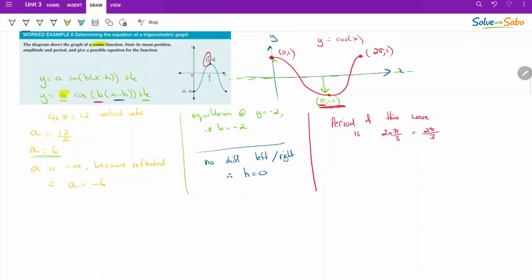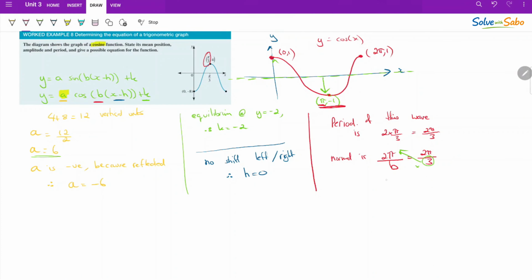Now, how does B affect our period? Well, normal is 2 pi, but if we divide 2 pi by B, then we end up getting this period. So all we have to do now is rearrange this to get B. What I'm going to do is bring this 3 up here by multiplying.